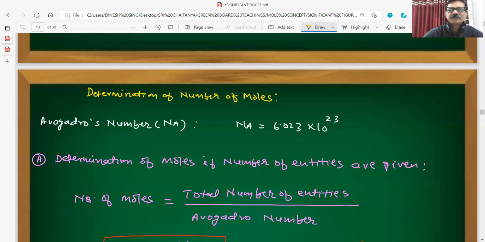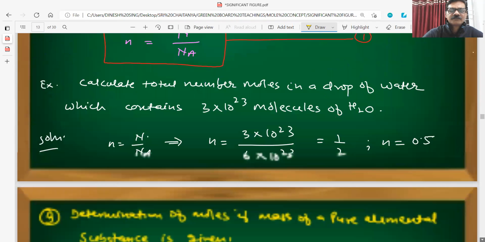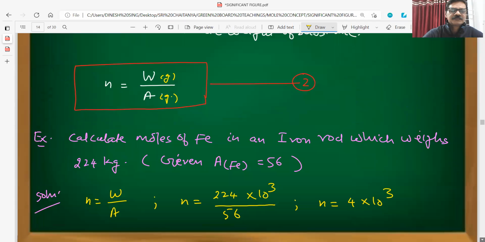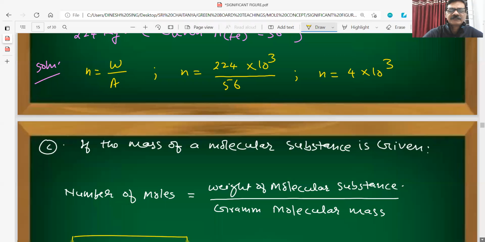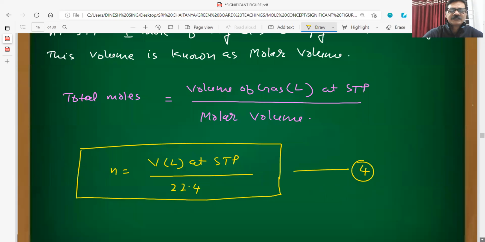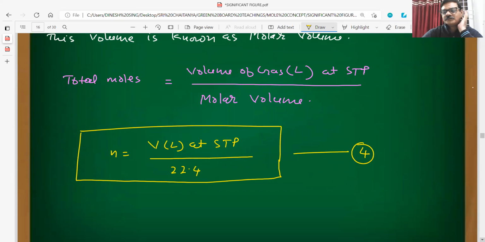This is the first formula. After that, this is the second formula. If the weight of the elemental substance is given, or the weight of a molecular substance is given, the third formula. If the volume of the gas is given, the fourth formula. By the application of these formulas, we can calculate the number of moles.